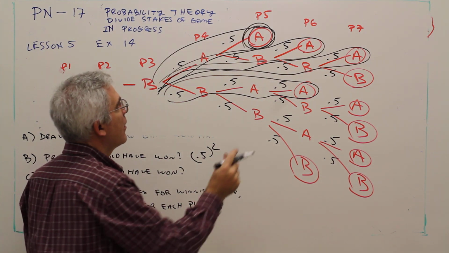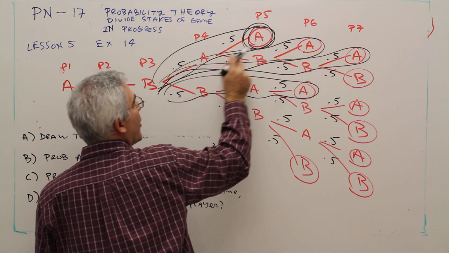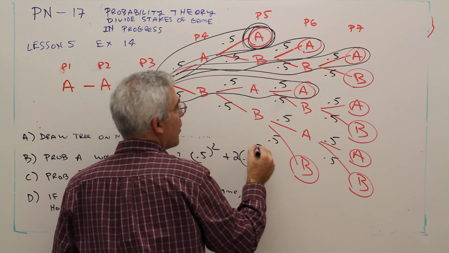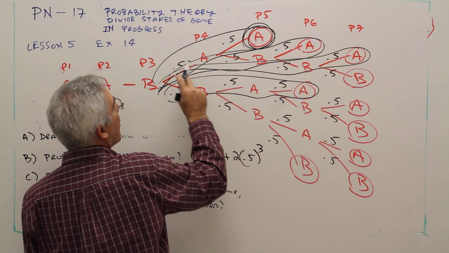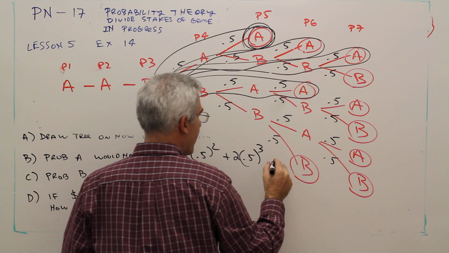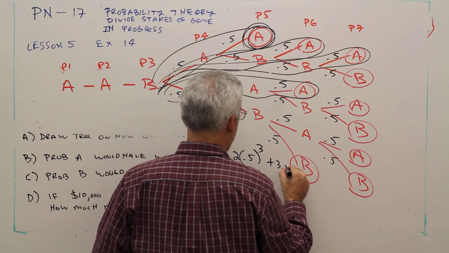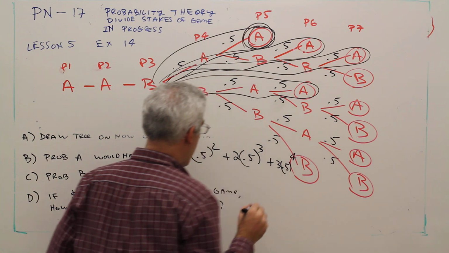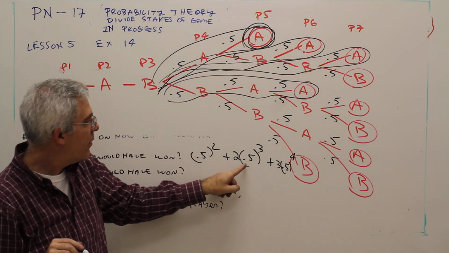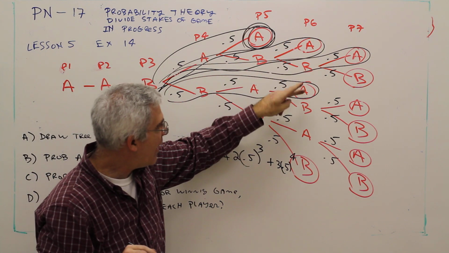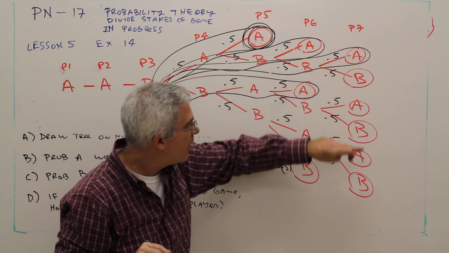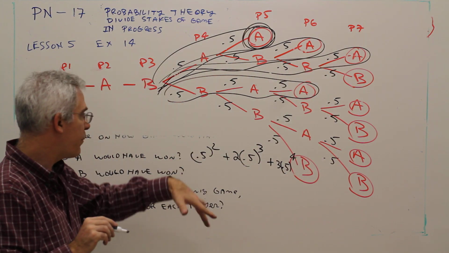That's that one. This is a 0.5 cubed, and I've got two of those. And this is a 0.5 to the fourth, and I've got three of those. So 0.5 squared is that one, 2 times 0.5 cubed, that's those two, 3 times 0.5 to the fourth, that's those three. I'll compute that later.